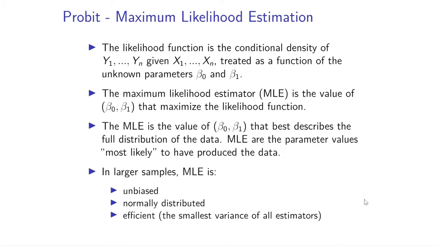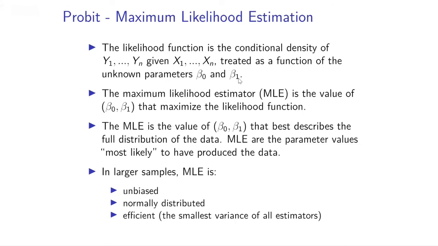What is the MLE? To compute the MLE, we have to first compute the likelihood function, which is a conditional density of y's given x's. You can think of the likelihood function as a conditional probability function. The parameters in these likelihood functions are beta naught and beta 1.